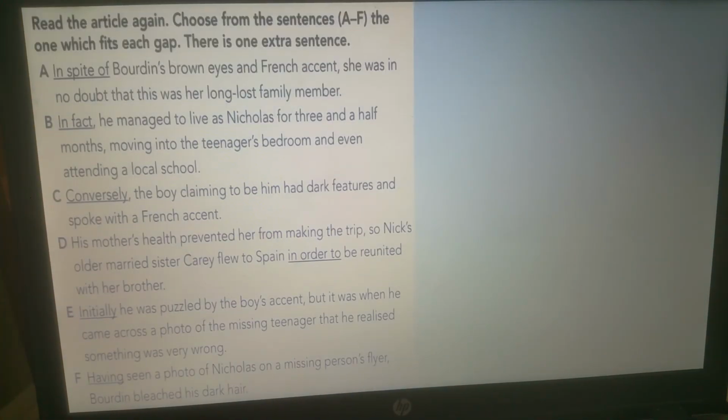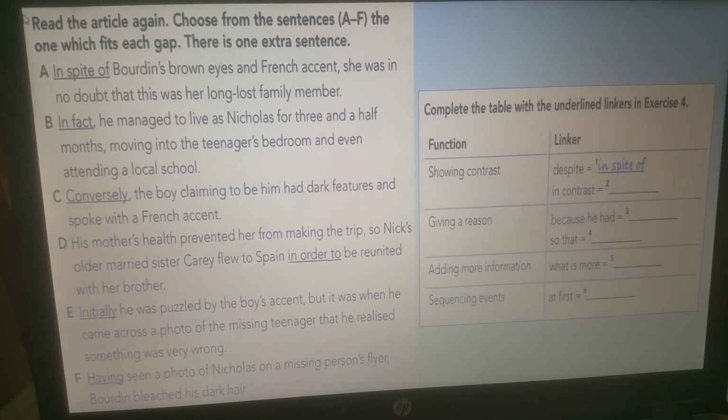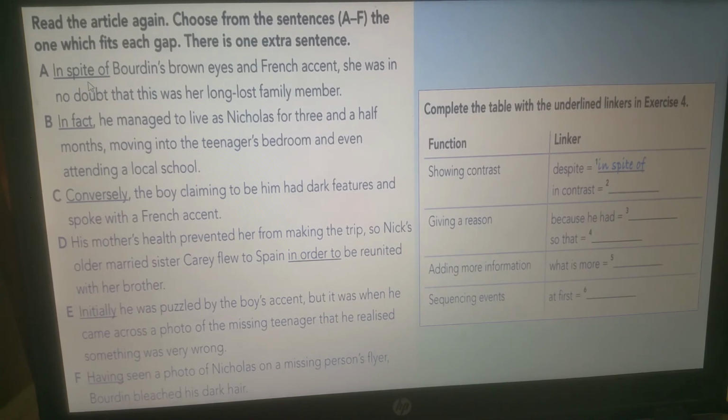Okay, now that we finished with our reading, let's go and enforce our vocabulary. Let's make it richer. What we have is that we should put those linkers that have been underlined: in spite of, in fact, conversely, initially, in order to, and having.